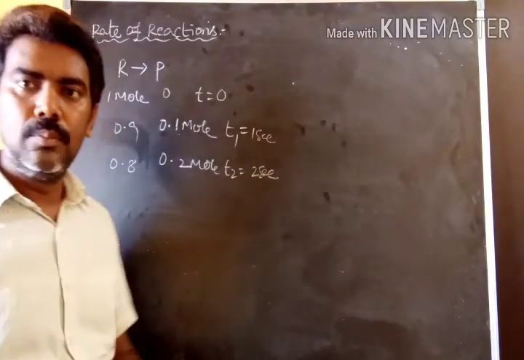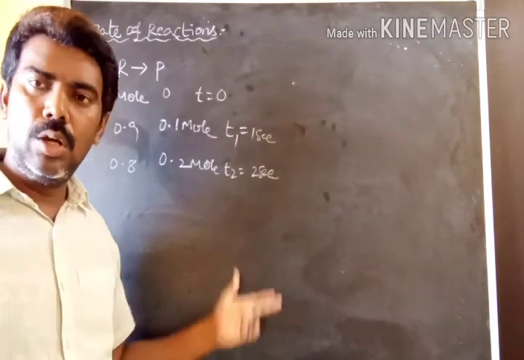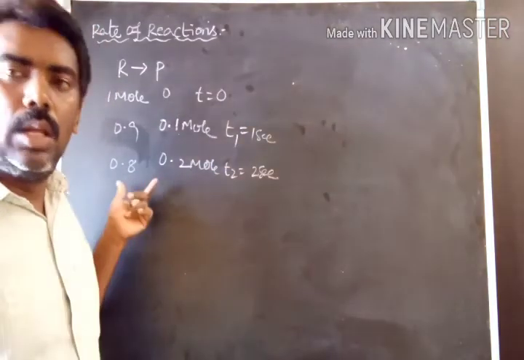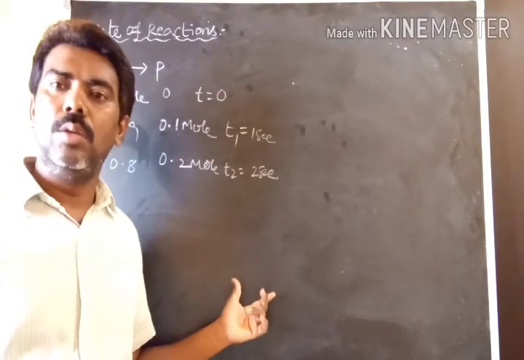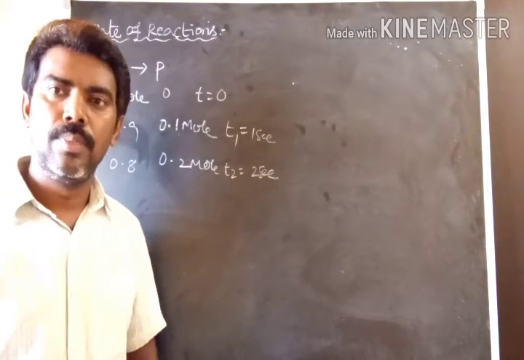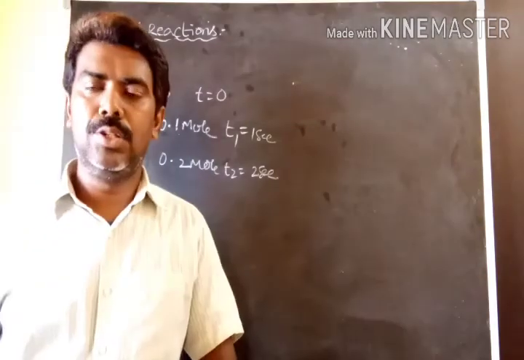As the reaction goes on, the moles of reactants decrease and the moles of product increase. So according to this, we will define the rate of reaction.